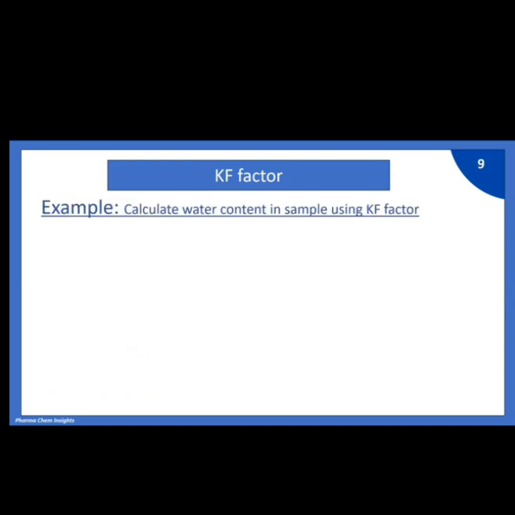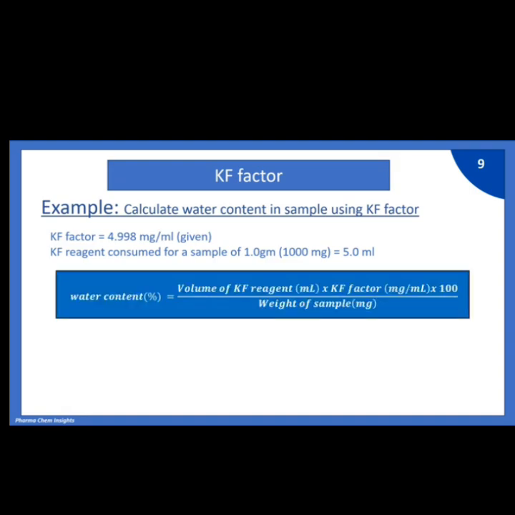Now let us see an example to calculate water content in a sample using the Kf factor. Kf factor is given as 4.998 mg per ml. Let us assume Kf reagent consumed for a sample of 1 gram, that is 1000 mg, is 5.0 ml. This is the formula to find the water content: water content is equal to volume of Kf reagent in ml × Kf factor in mg per ml × 100 divided by weight of sample in mg.